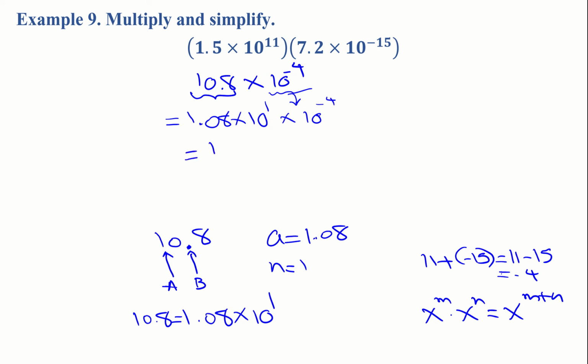So now we get 1.08 times 10 to the negative 3. And now we have the result in scientific notation. Okay? So if the first operation ends up giving you something that is not in scientific notation quite, make sure you put it in scientific notation before you stop.